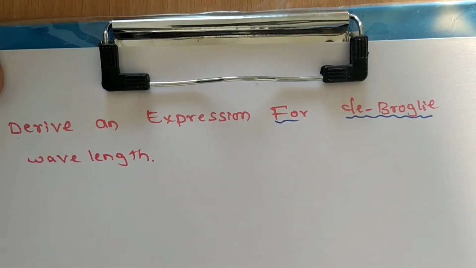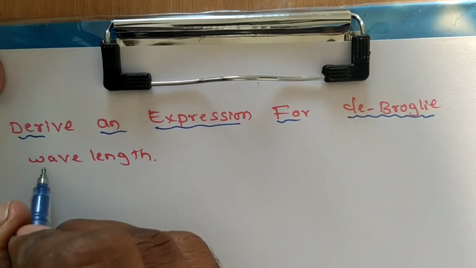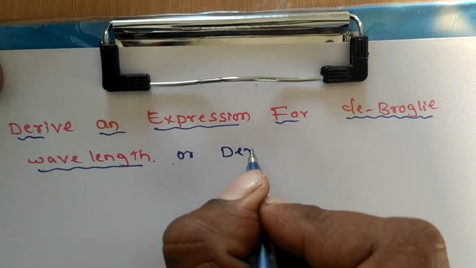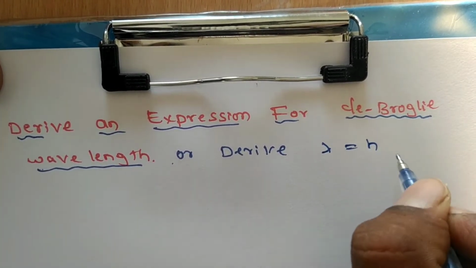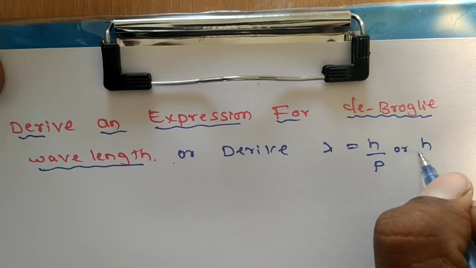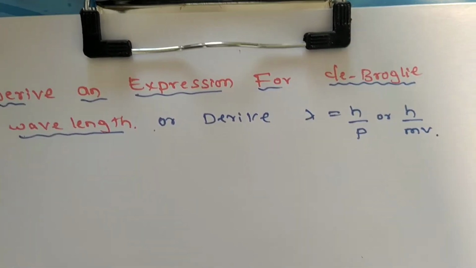This one is the 3 marks of derivation. Derive an expression for de Broglie wavelength, or derive lambda is equal to h divided by p, or h divided by mv.